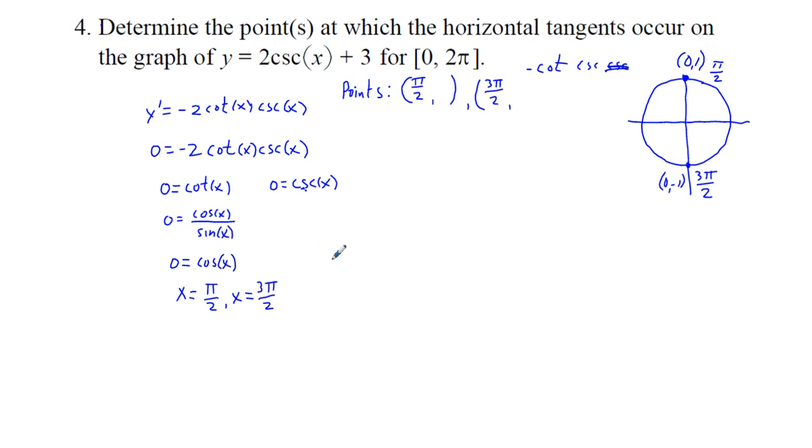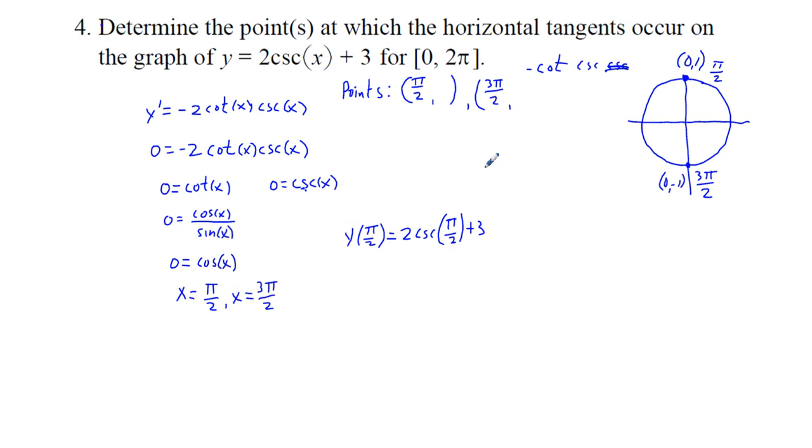So put down here y of pi over 2 is equal to 2 cosecant pi over 2 plus 3.